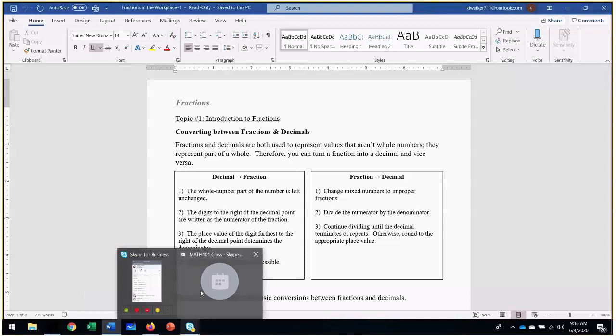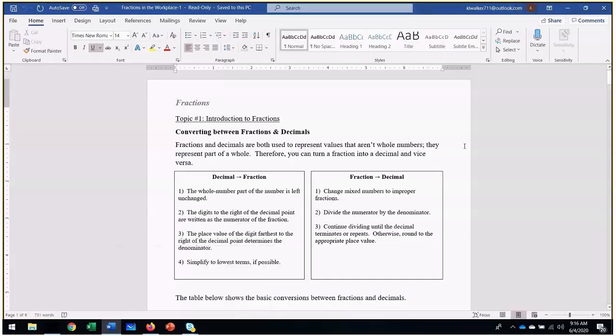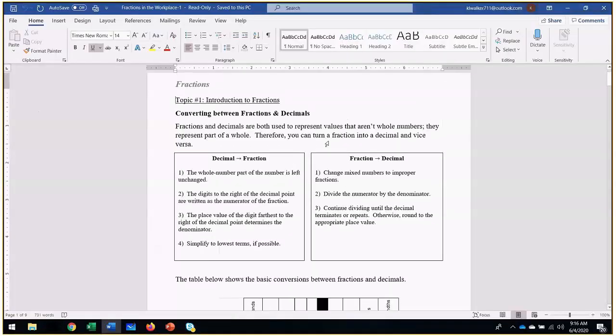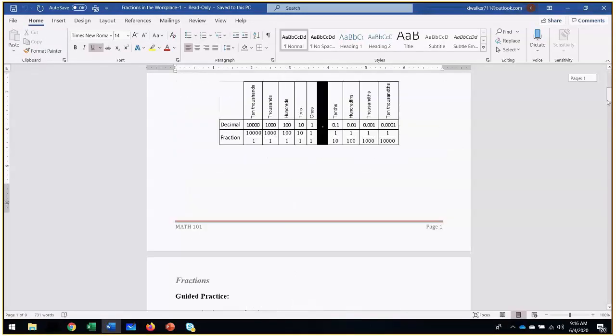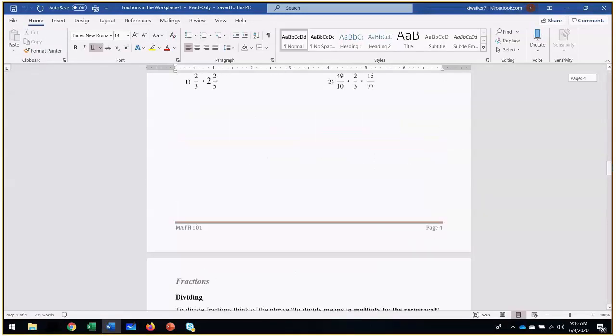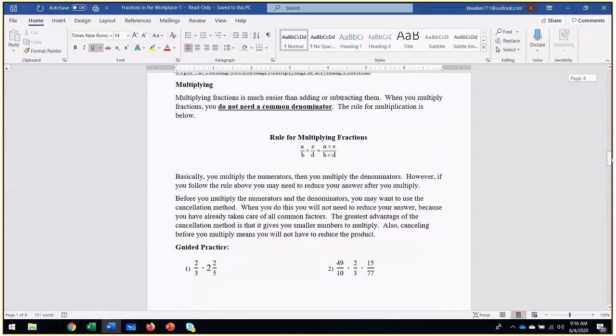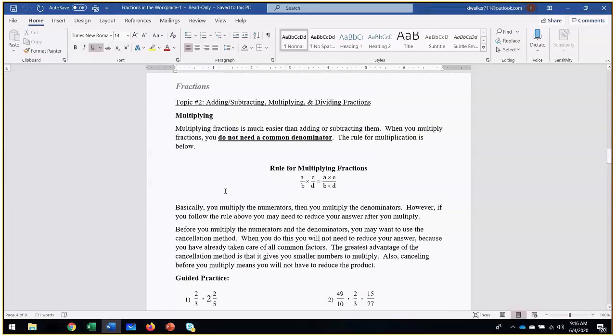Make sure everybody's still okay. I still got everybody here. All right, so that wraps up the first part. Let's go now to here. We're gonna talk about multiplying fractions separately. Then we'll talk about division.